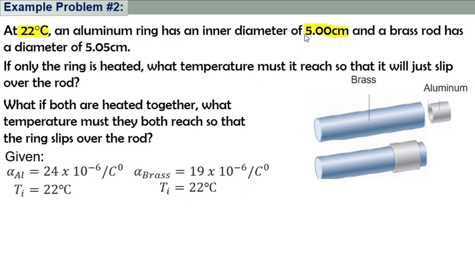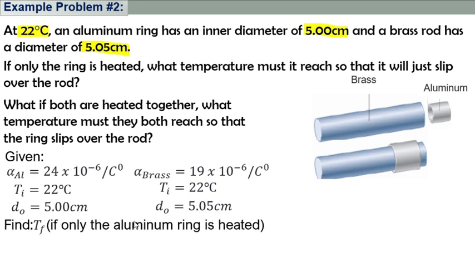The initial diameter of the aluminum ring is given as 5 cm, where D sub O is the initial diameter. For our brass rod, the diameter is 5.05 cm. So again, our aluminum ring has a smaller diameter, which is 5 cm, and the brass rod has a larger diameter, which is 5.05 cm.